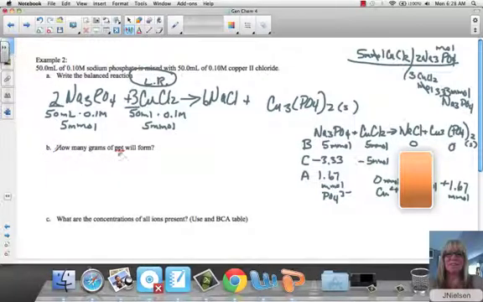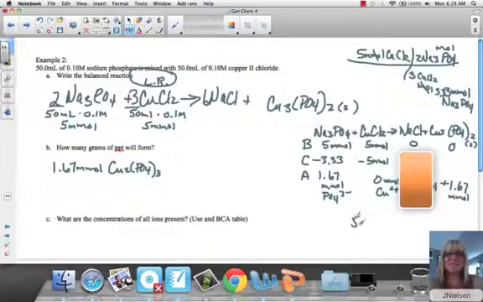We know that we formed 1.67 millimoles of Cu3(PO4)2. And just in case some of you don't realize how I did that, I did it the same way that I did this in the upper left-hand corner. The way that I figured out, using the limiting reagent, how much Na3PO4 I would use, I can also use stoichiometry to do the same thing.